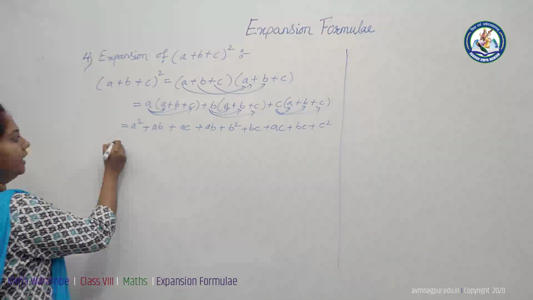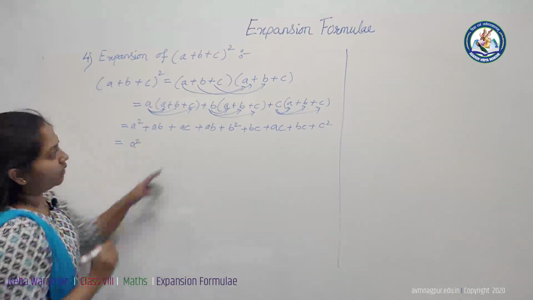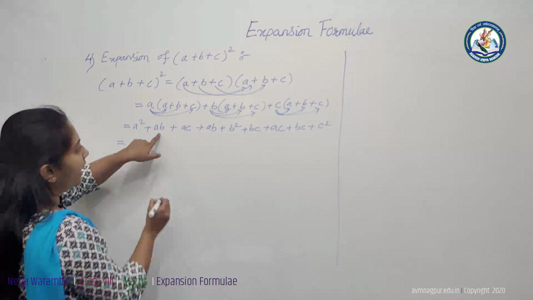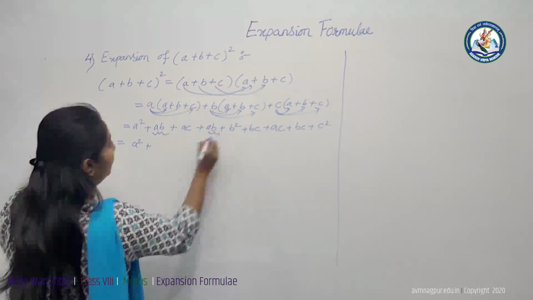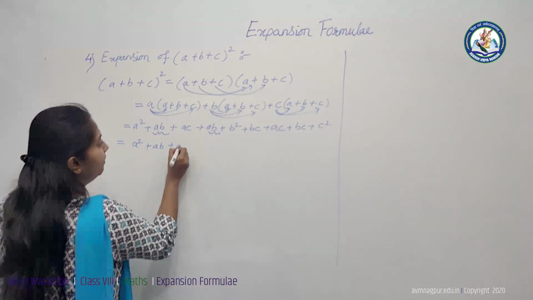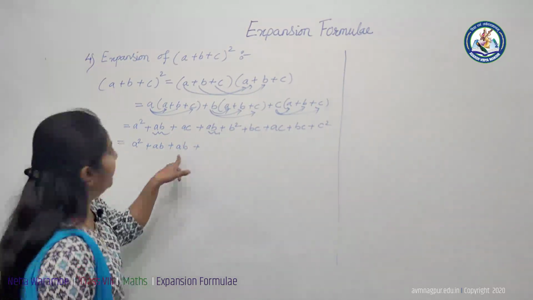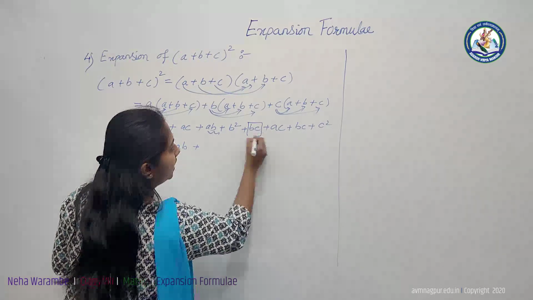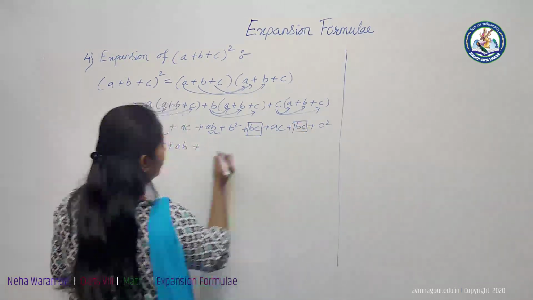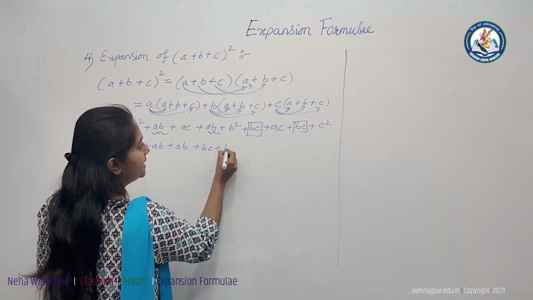Now collect the similar terms. That is, there is one a square term, plus ab and ab, which is 2ab. Now ac, bc, ab, bc: this bc and this bc, bc plus bc.